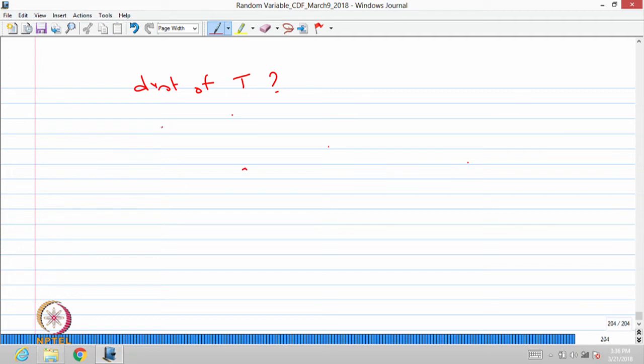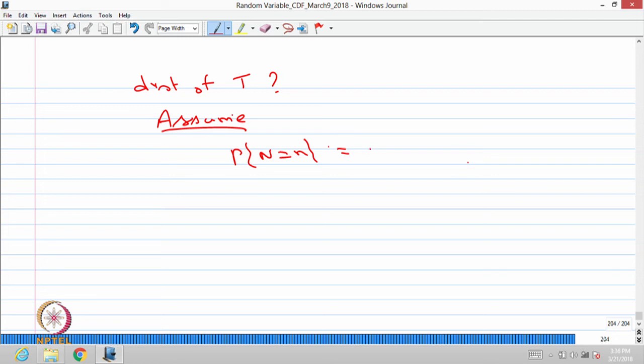Now I am going to make an assumption about the distribution of n, that is, capital N, the number of customers before he enters. The possible values are 0, 1, 2 and so on.